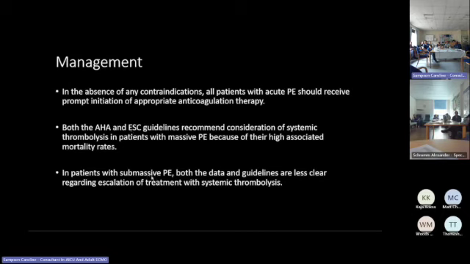In patients with submassive PE or intermediate risk PE, the guidelines for both societies, Europe and America, are less clear in terms of how to escalate management should standard anticoagulation not work. Whether systemic thrombolysis should be administered, or what's being investigated now is whether PE thrombectomy with these new devices is more appropriate.